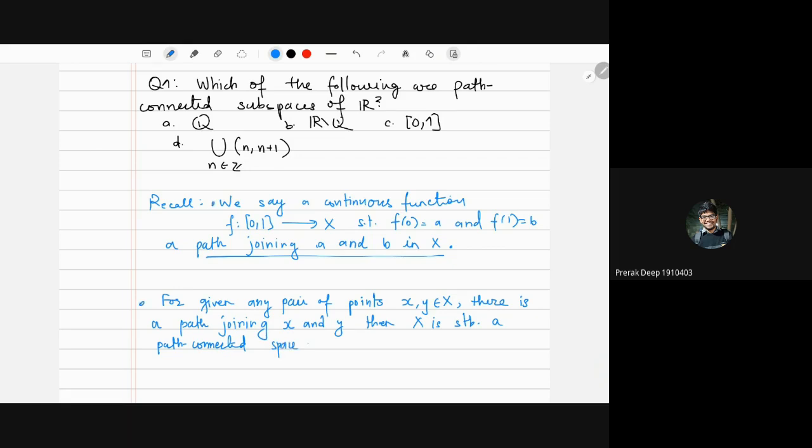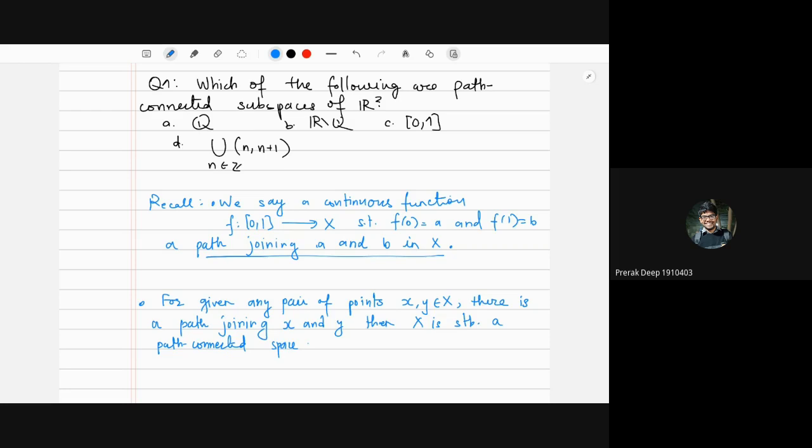Okay, so this is a quick recall of the definition. Now I will wait for a few minutes for you to think about this question and let me know the answer, and then we will discuss the solutions.